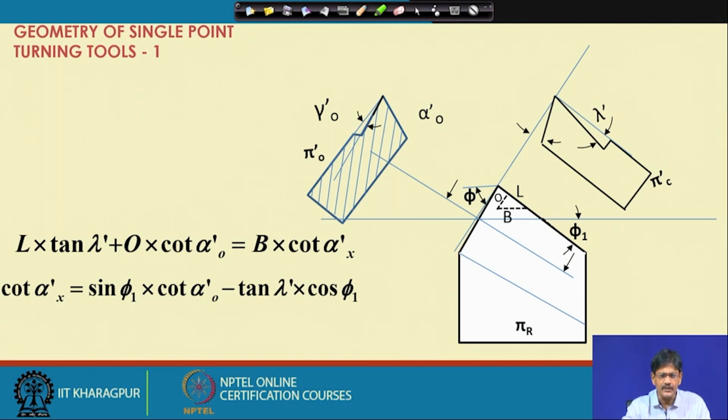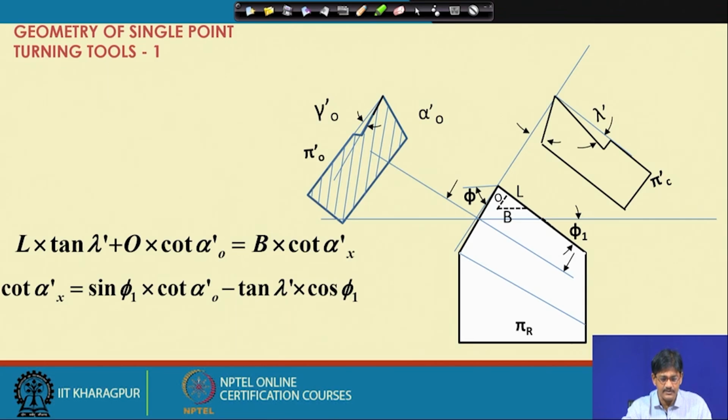Do we ever use negative rake angle? Yes. Whenever we want the stresses occurring on the rake surface to be purely compressive, in that case, if the stresses created by the chips impacting on the tool or applying pressure on the tool, if we want this pressure not to create tensile forces, then we will try to use negative rake.